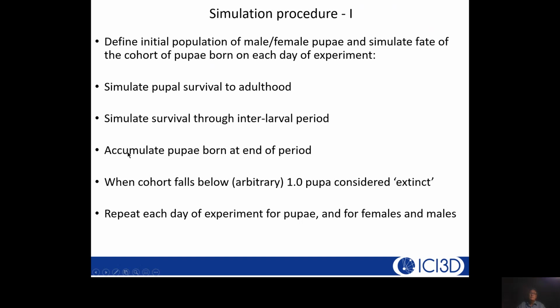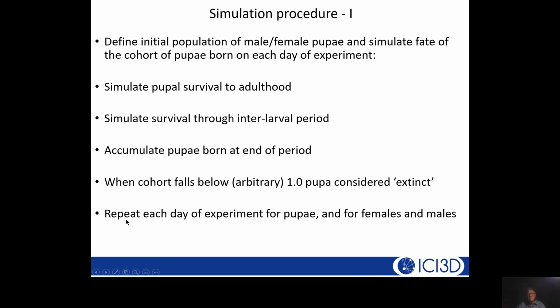And we accumulate the pupae born at the end of the interlarval period. And we do that for all of the pupae until the number of pupae in a particular cohort has actually declined, so there's fewer than one left. And then we say, right, that cohort is extinct. And we now hop to the next day and we carry on.